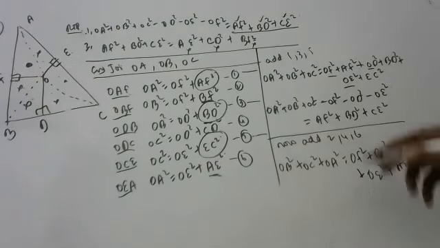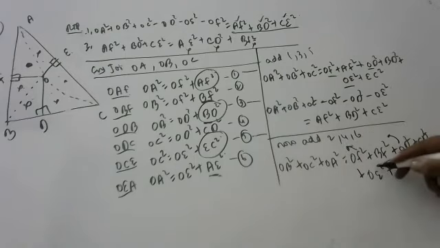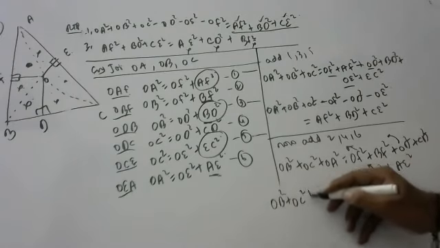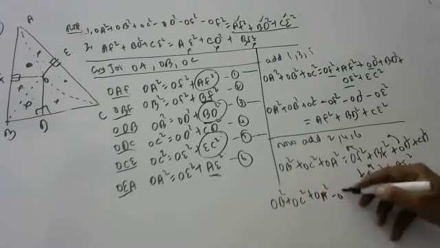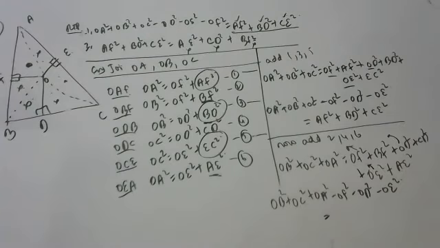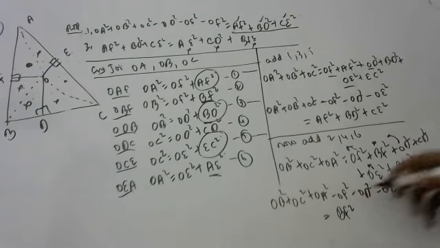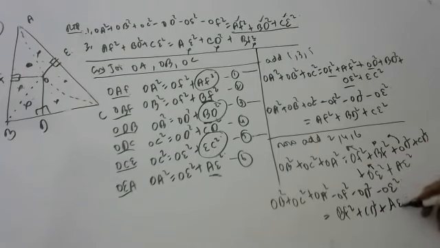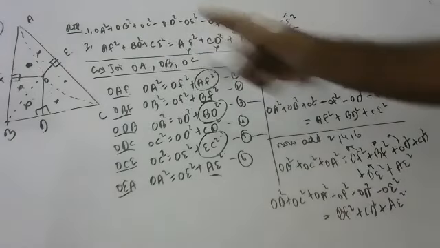So you will get, children, OB square plus OC square plus OA square minus OF square minus OD square minus OE square is equal to BF square plus CD square plus AE square. Okay, children, but sir, the second equation is not like that, you will ask.